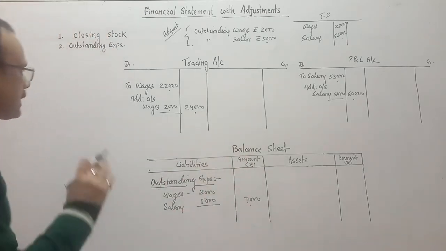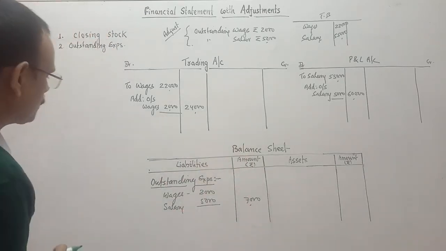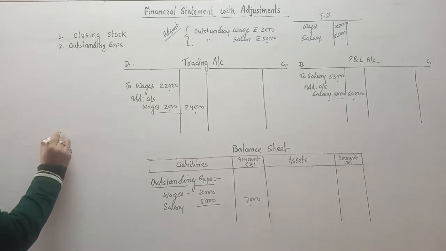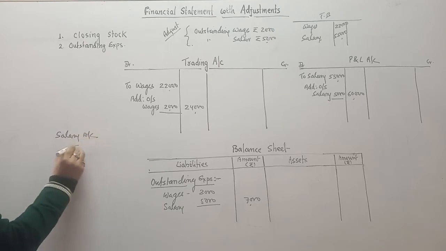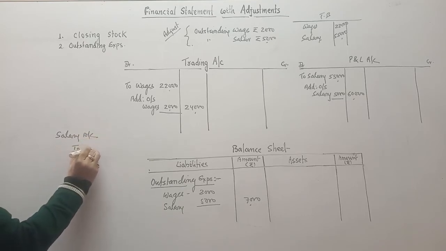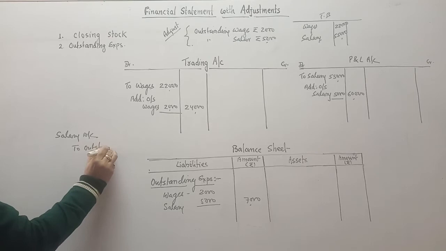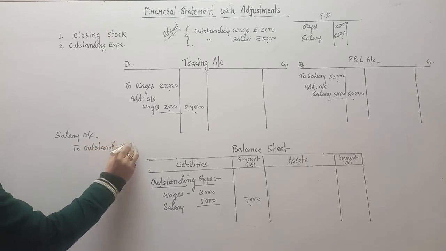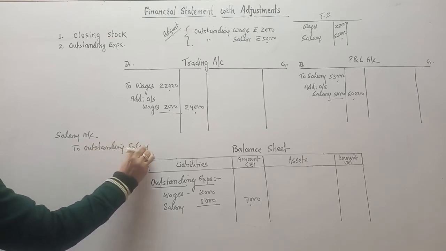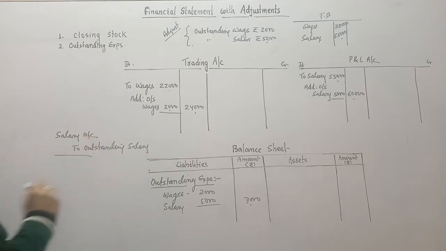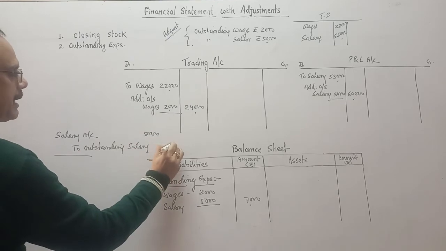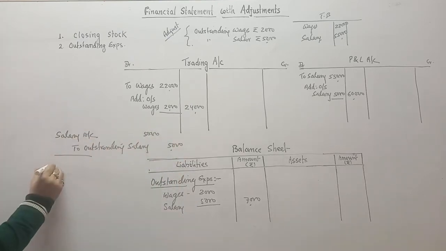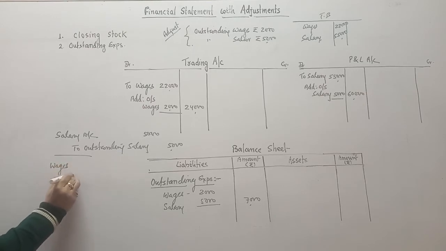If you want to know the journal entry of this: salary account debit to outstanding salary, 5,000. This is the journal entry for outstanding salary.